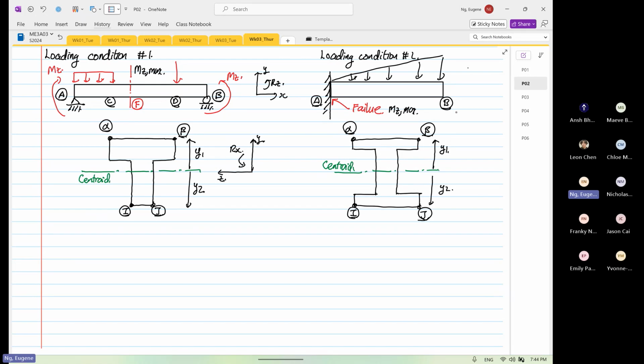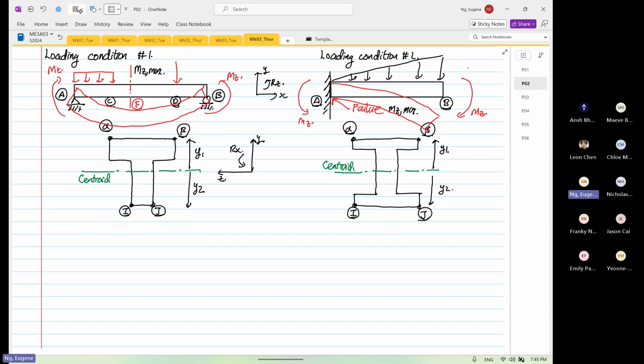And for this one, it is different. This is our moment about Z. So we have a counter moment. Why is that the case? Because over here, the deformation will come down this way, whereas this one will come out in a smiling face. You can see why I draw the moment in that direction.